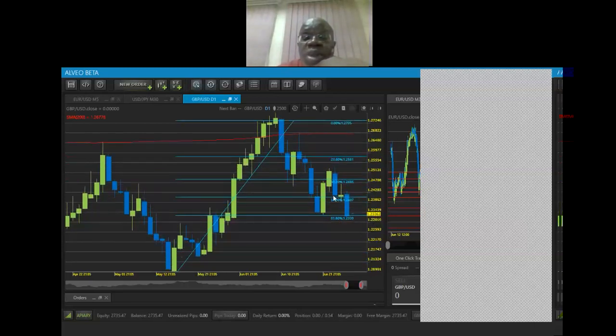So if you look at 50, 50 is also a zone. You know, this is not as popular as the other, but 38 is a zone, a very, very popular zone. So if I had to draw like a rectangle, okay. So even 50 is a zone, as you can see here. Inside there, it is a zone that has been respected a few times.